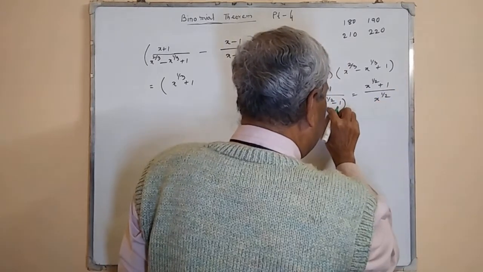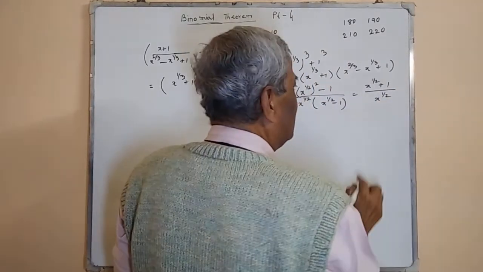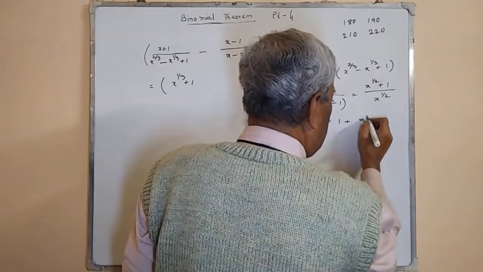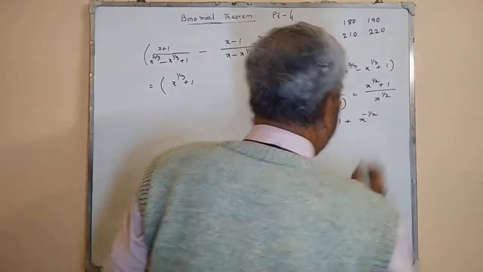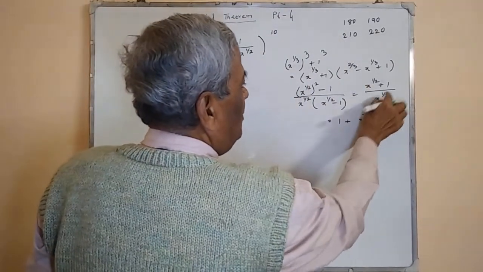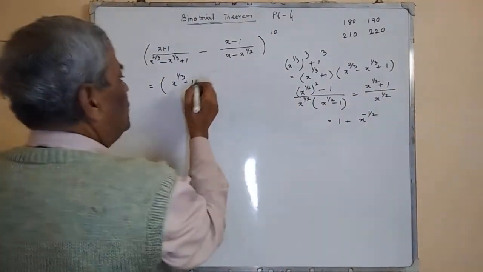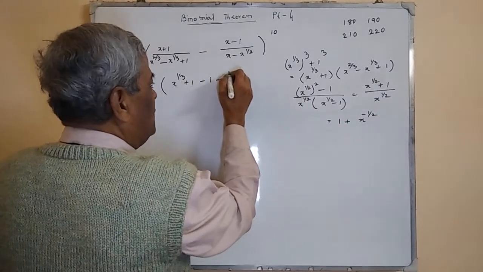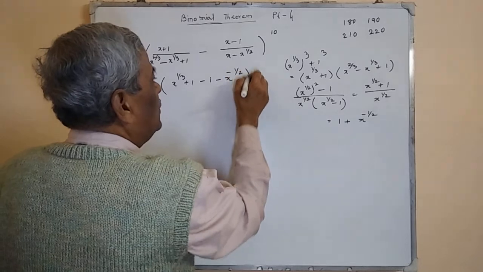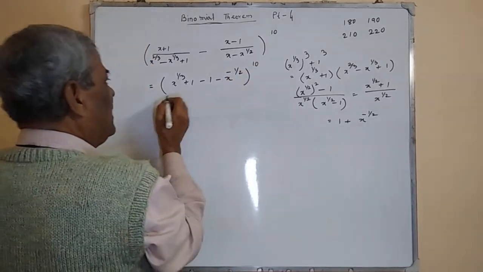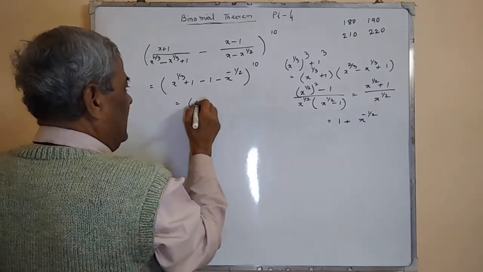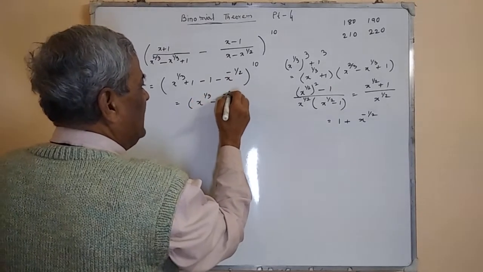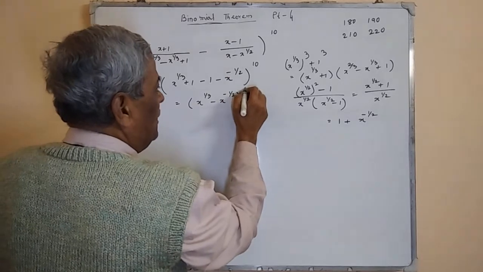This factor cancels with this. So it is equal to 1 plus x to the power minus half. So 1 minus 1 minus x to the power minus half whole to the power 10. So that it is equal to x to the power 1 by 3 minus x to the power minus half whole to the power 10.